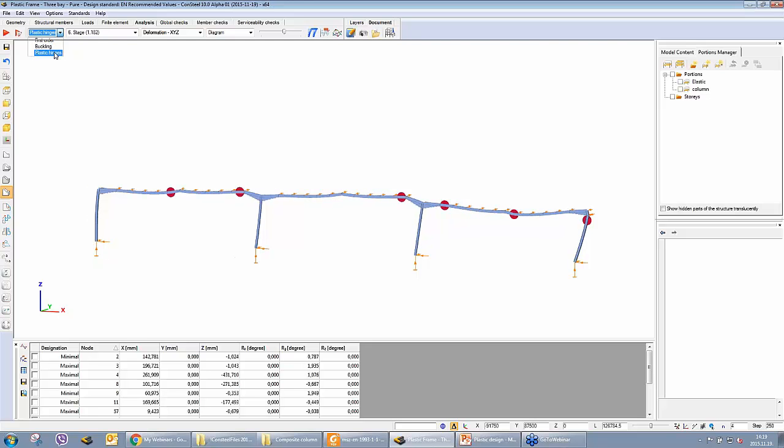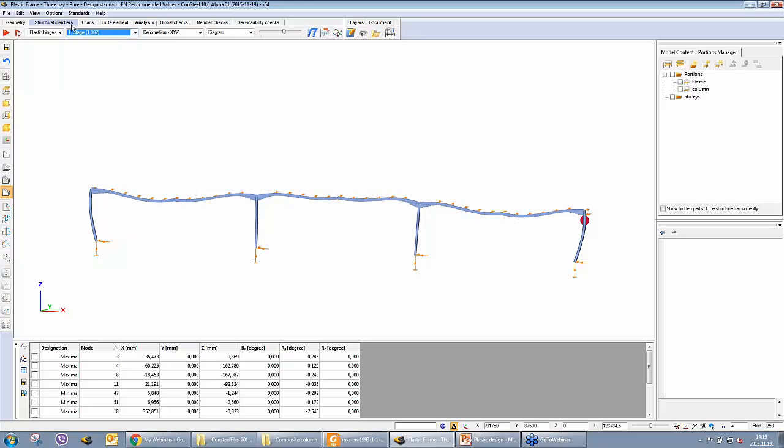If we see the plastic hinge history, we can see now that even the first plastic hinge is just above the design load level. So it is 1.002. The second one is here, somewhat different from earlier, because we neglected the initial sway now.